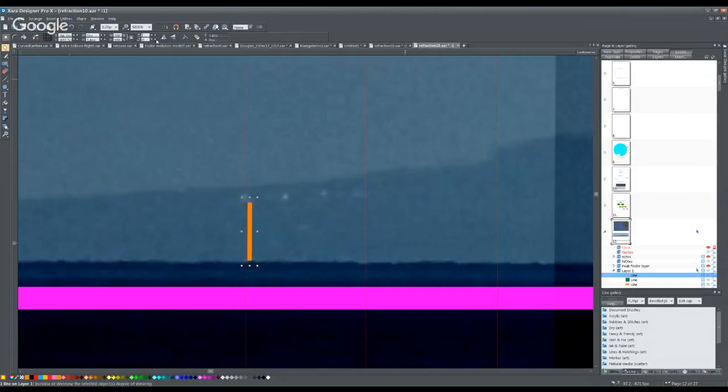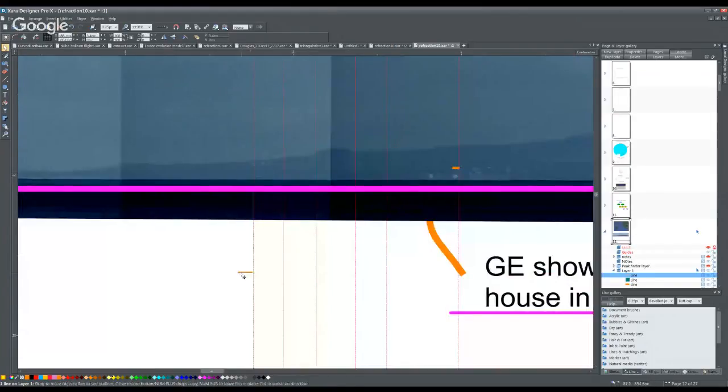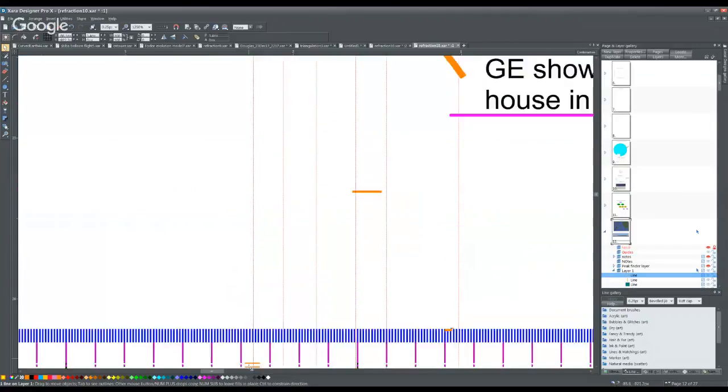Right, so let's rotate that by 90 degrees. No, sorry, let's just make a copy of it first, then I'll rotate it again. Original in place, and we'll just bring that down. We're just trying to check.